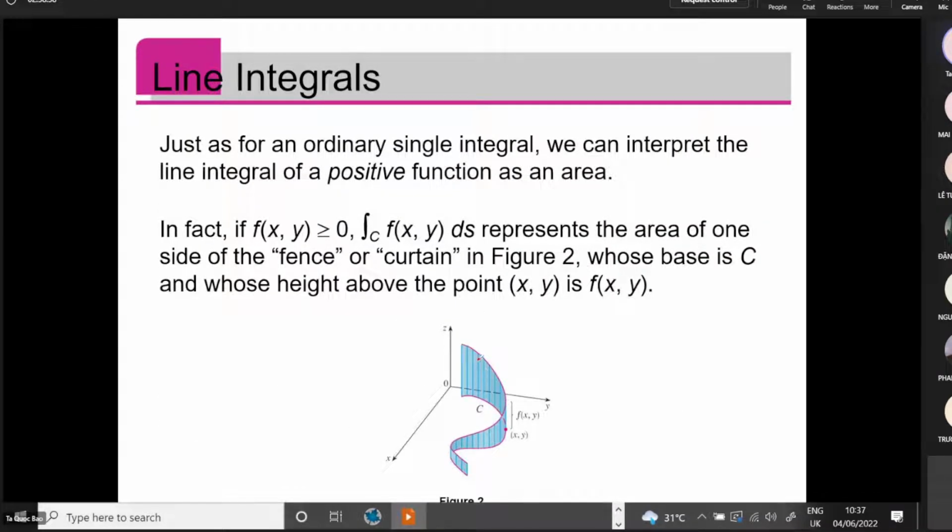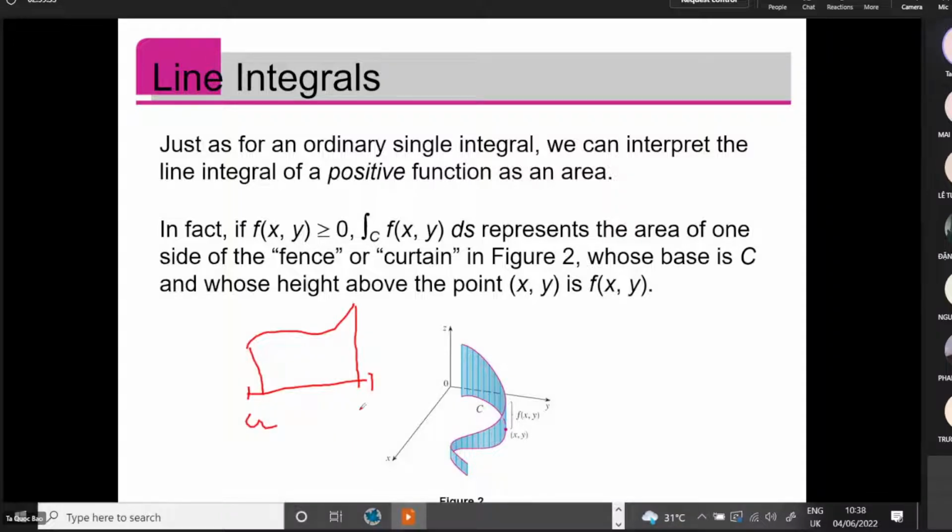Okay, so this picture is very interesting to interpret the integration of the function f along the curve C. When the curve C is exactly aligned, then it becomes the normal integration.